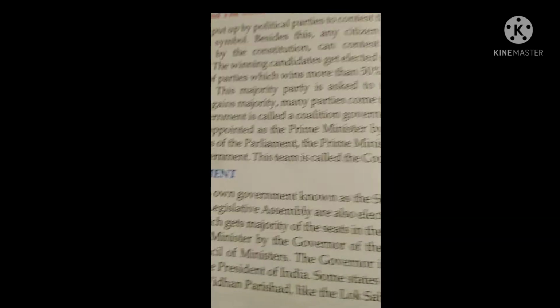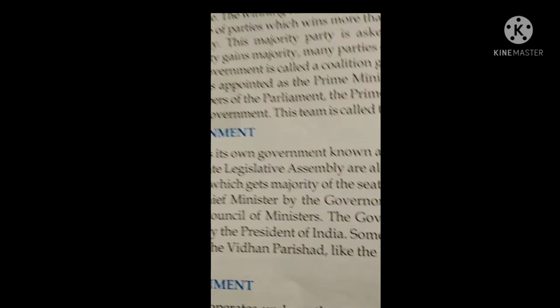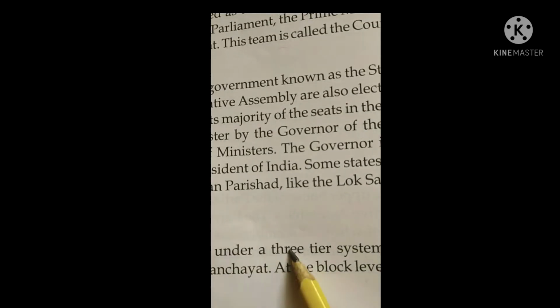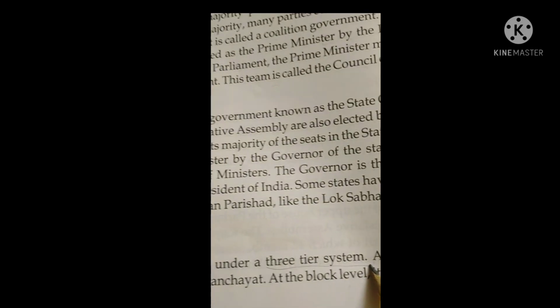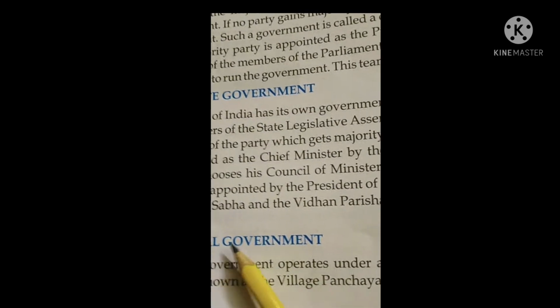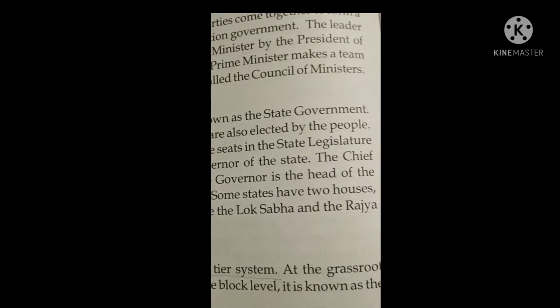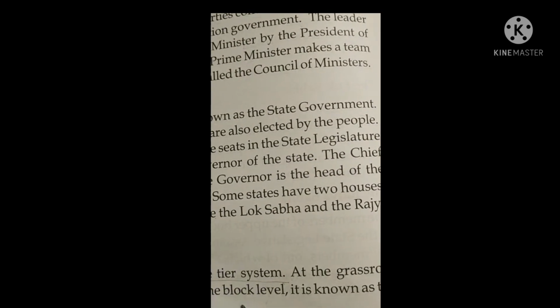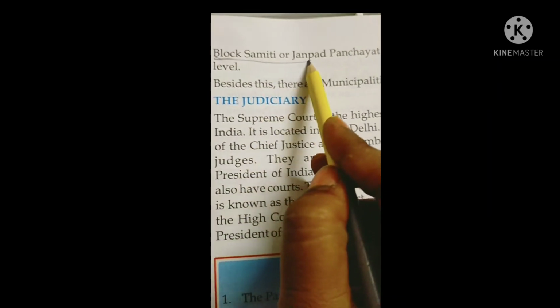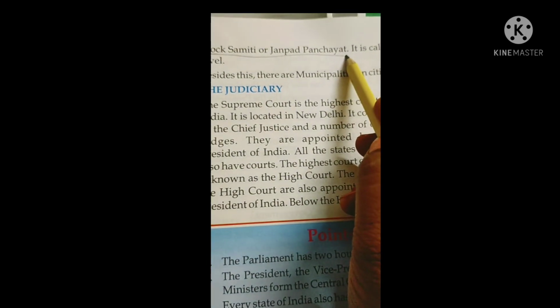So what you have to understand is what the three-tier system is. They are saying that local government has a three-tier system because at the block level it is known as block samiti or the janpad panchayat.